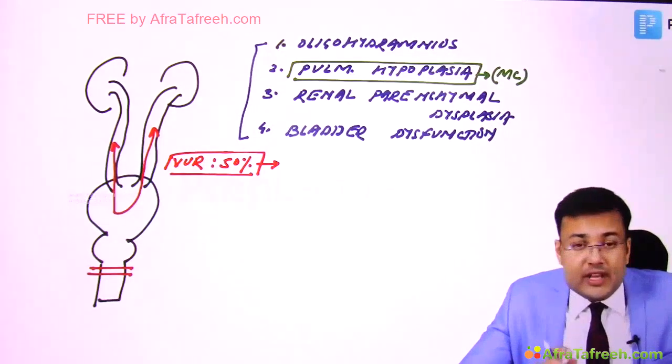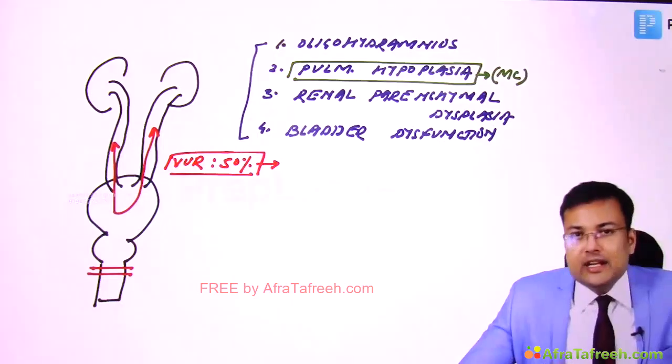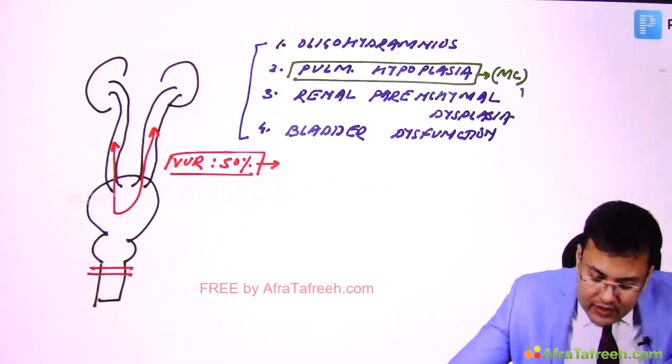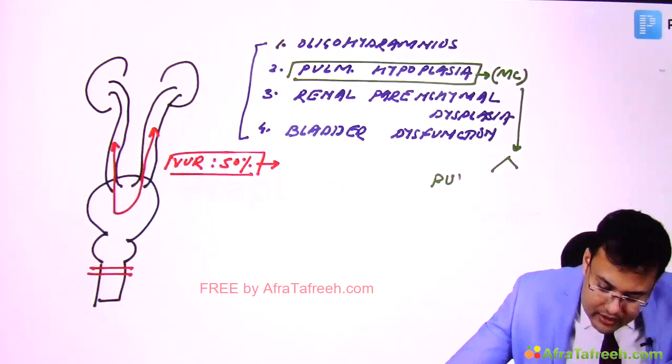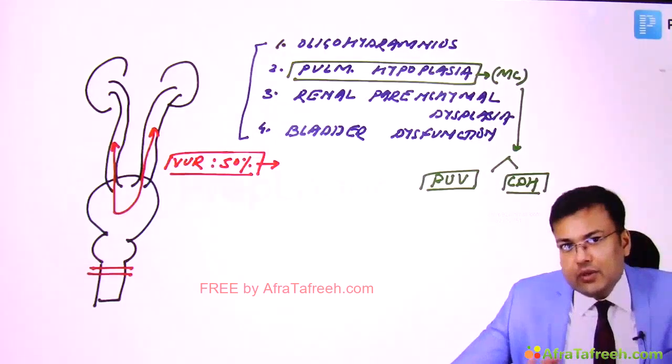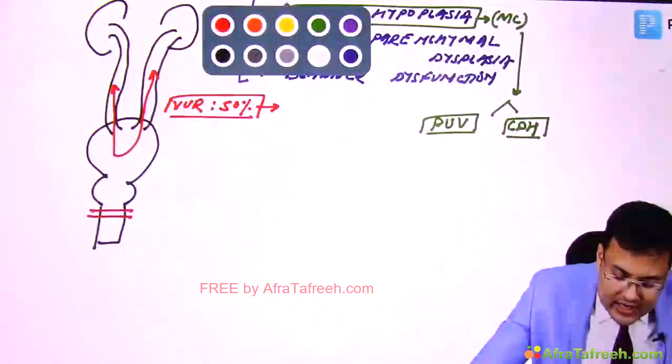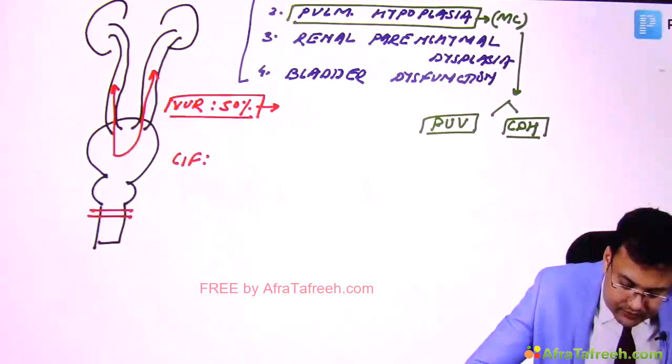So here also pulmonary hypoplasia is the most common cause of death in posterior urethral valve and congenital diaphragmatic hernia. Clear? One point.